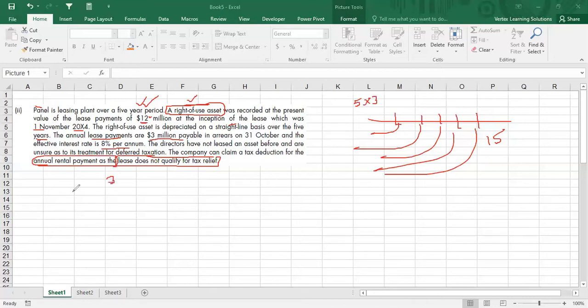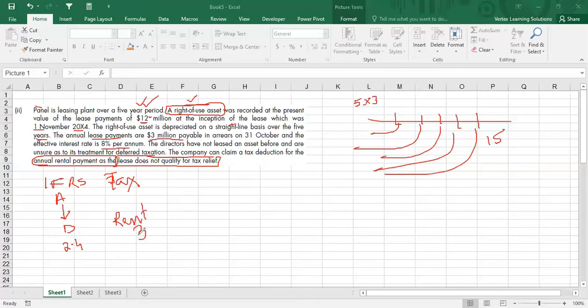So in our IFRS books, we consider it as an asset and we charge depreciation, which is 2.4 million, whereas in the tax books, you will be charging not the depreciation but the lease rentals, and the lease rentals are 3 million.